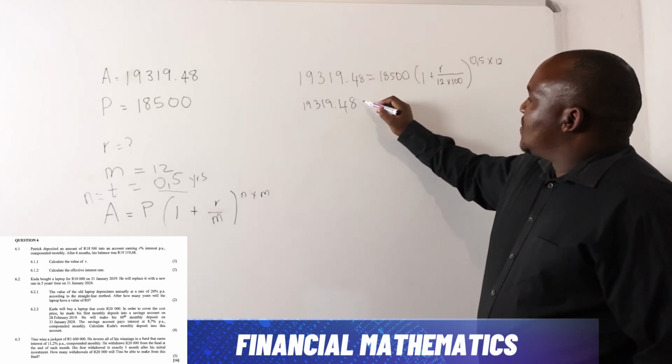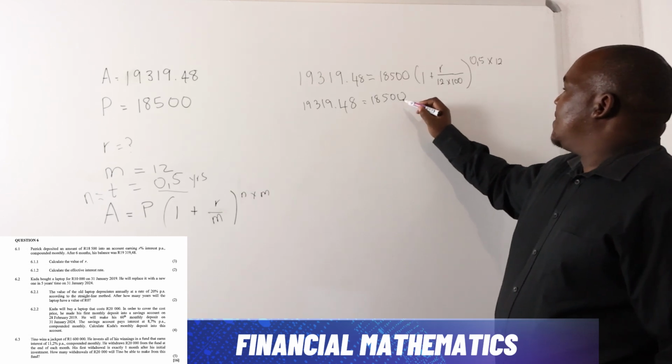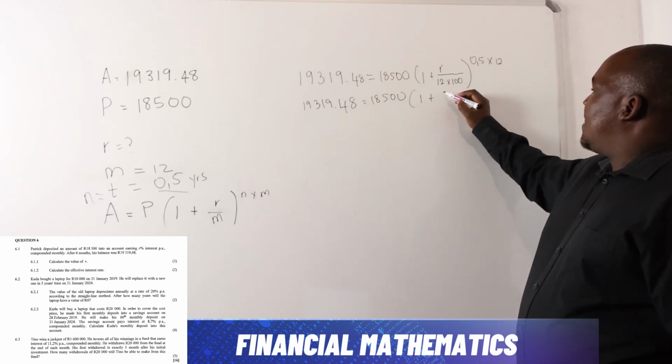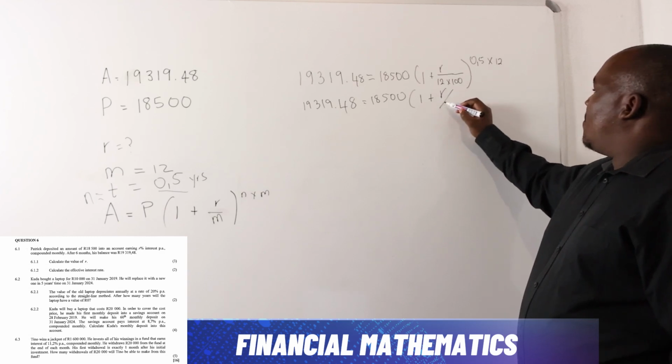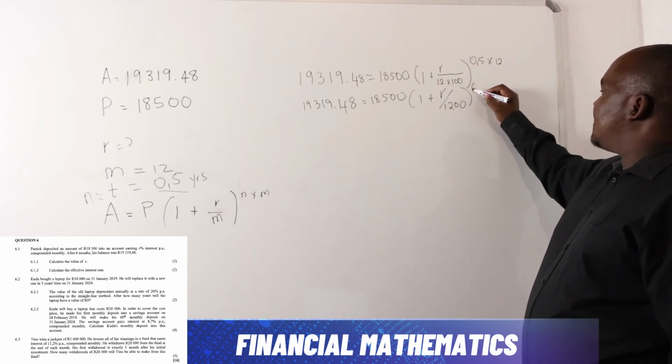And eventually you get 19,319.48 equals 18,500 times 1 plus R over 1,200, to the power 6.